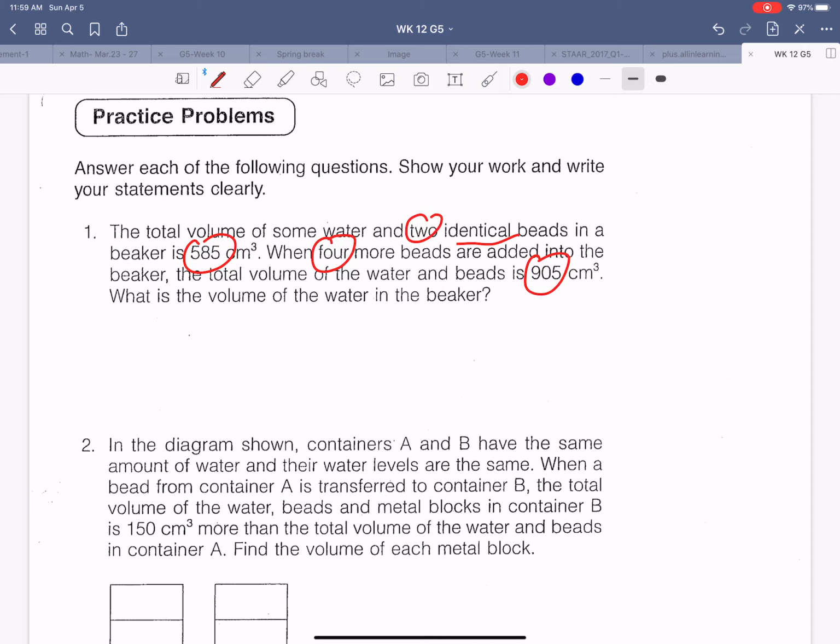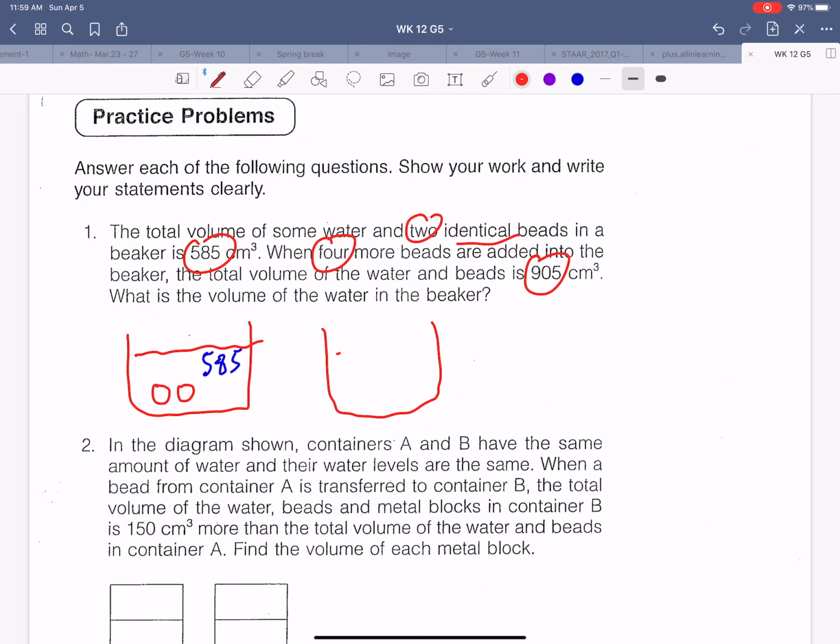So firstly, you may draw it. Let's say there's some water here. There are 2 beads. I use circles to represent the beads. Right now it's 585. That's the total.